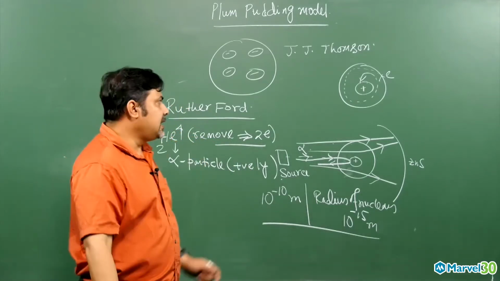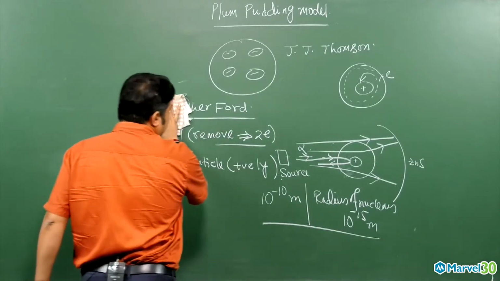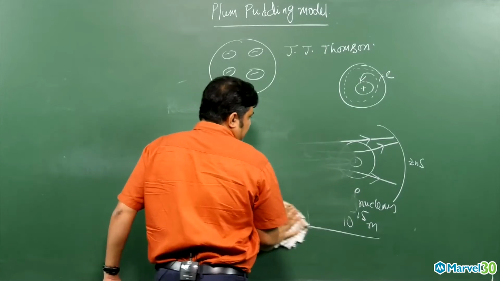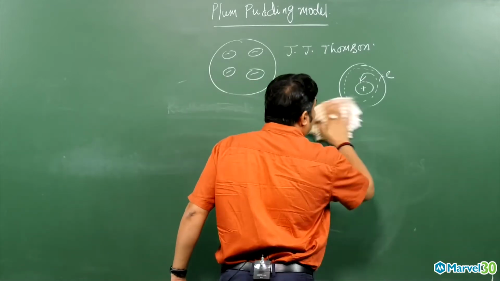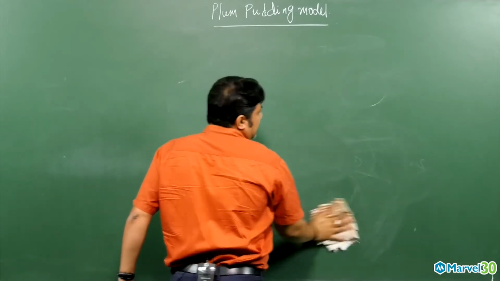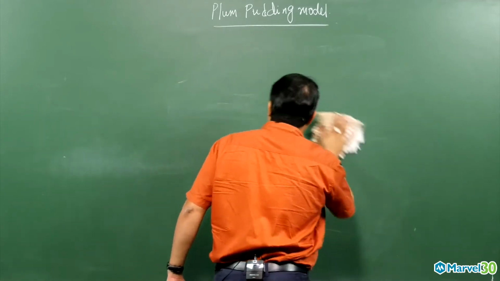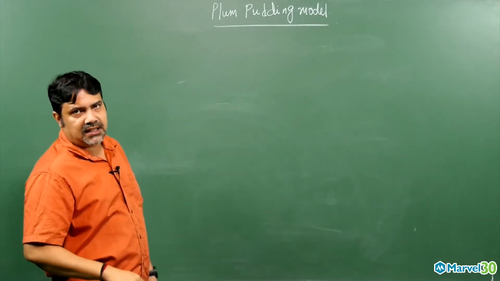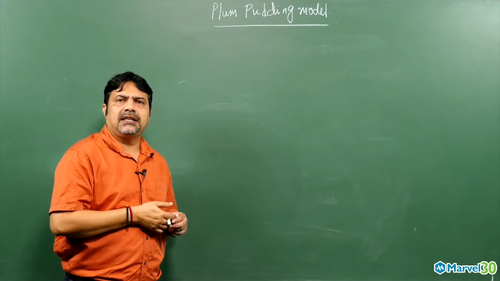So first let us understand what electromagnetic radiation is. Any object in this world or in this cosmos is constantly radiating, and the nature of that radiation is electromagnetic. Even light is electromagnetic radiation.